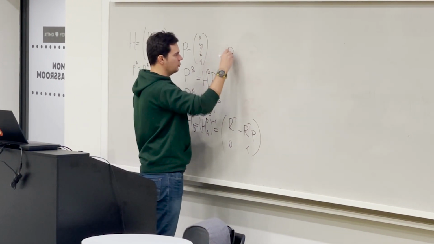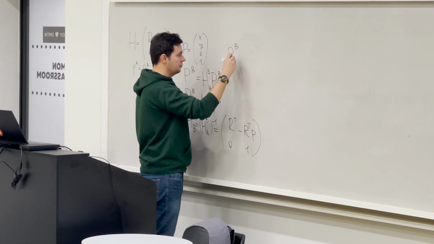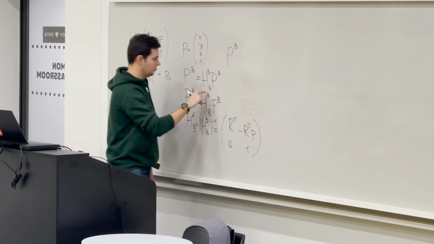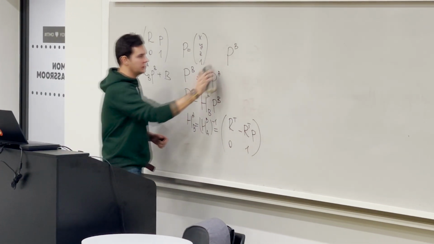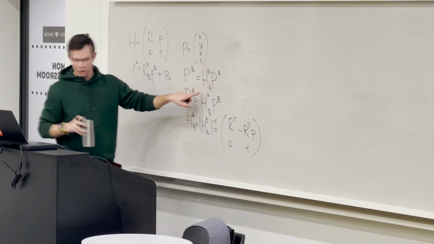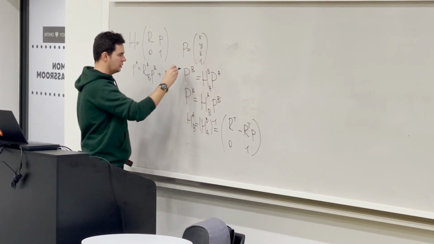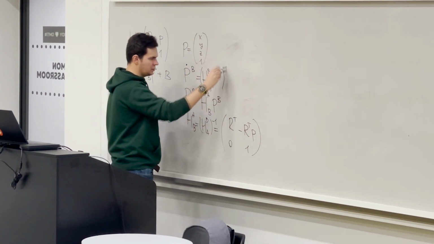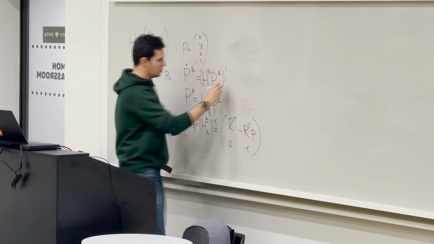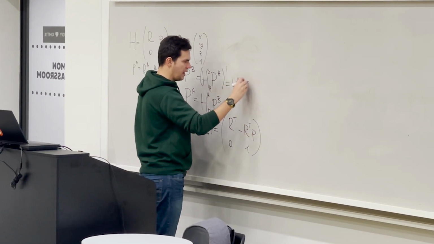So let's assume that we have P_B. Let me just continue the thing that I already wrote. So P_B equal to H_AB times P_A. And let me put a derivative sign right here. And let us do the multiplication. So it will be H_AB P_A.